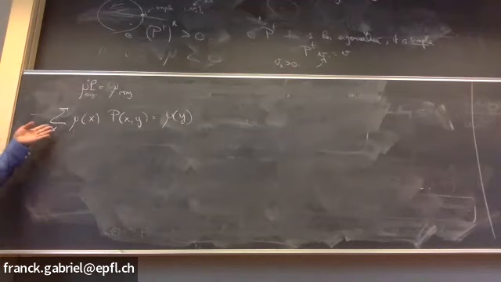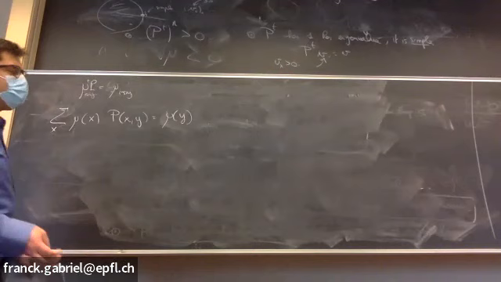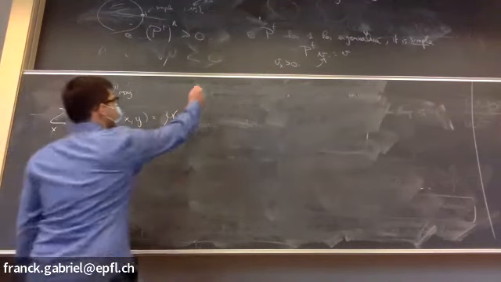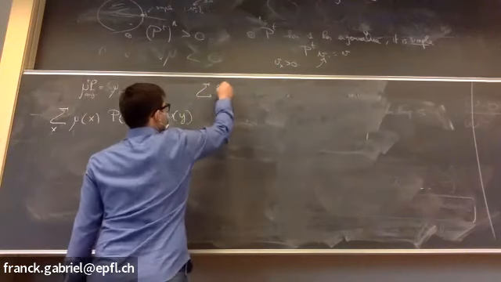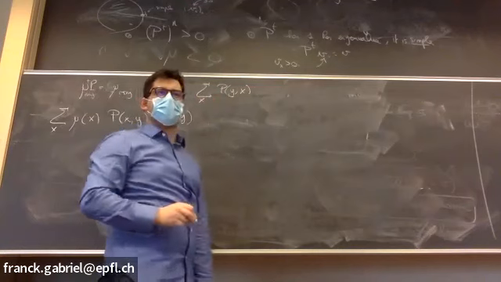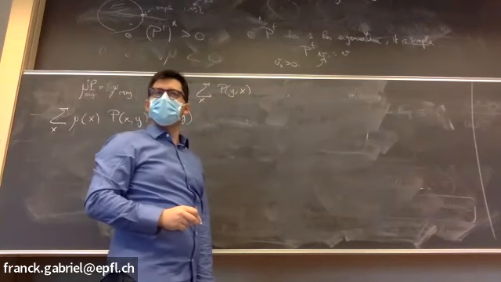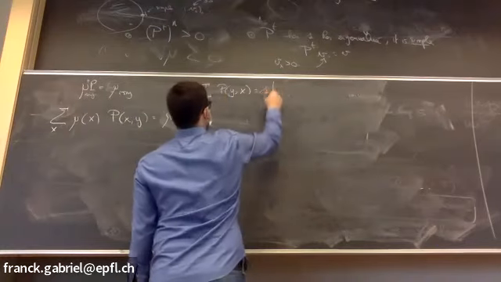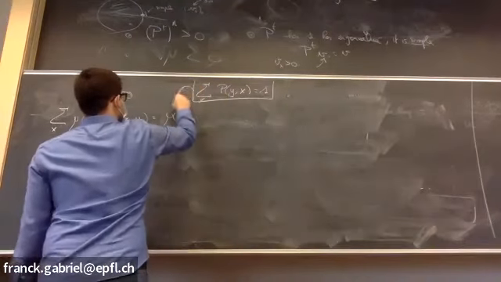In the Ising model, it's like 2 to the n. So we don't like that. But P satisfies the following thing. If I sum over y, this is equal to 1. Let's insert that here.